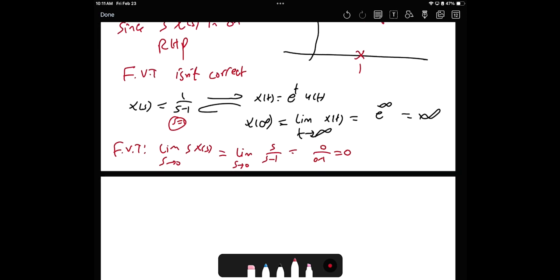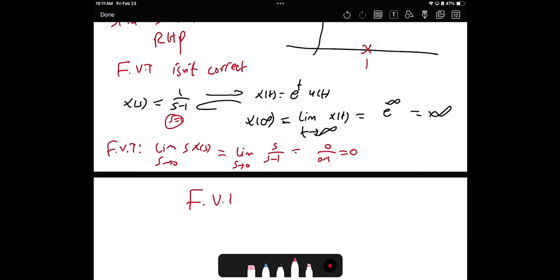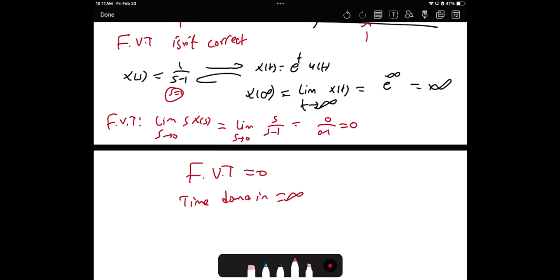Then we realize that the final value theorem says it is 0, but the time domain says it is infinity, which contradicts.